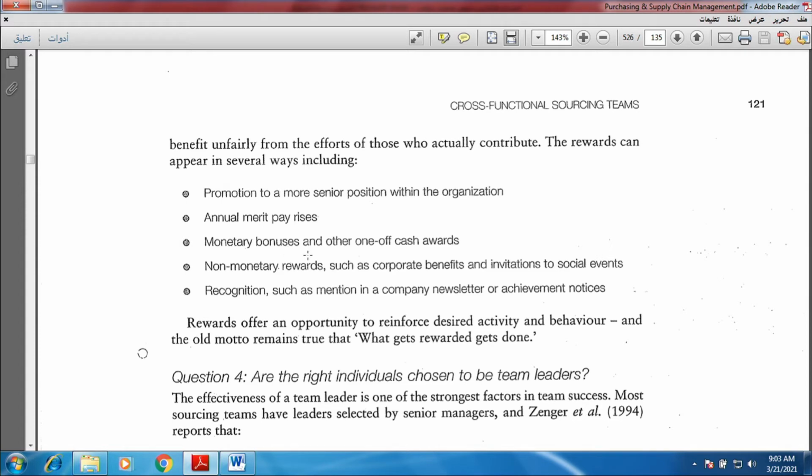Also we have cash rewards directly, and non-monetary rewards, such as being invited to certain social events, and we can speak about these in person with others. There is also recognition by using newsletters.